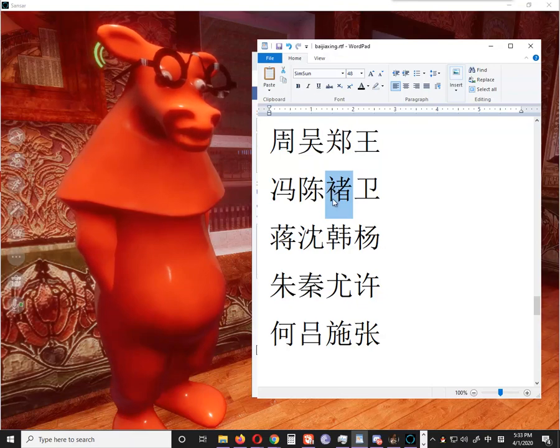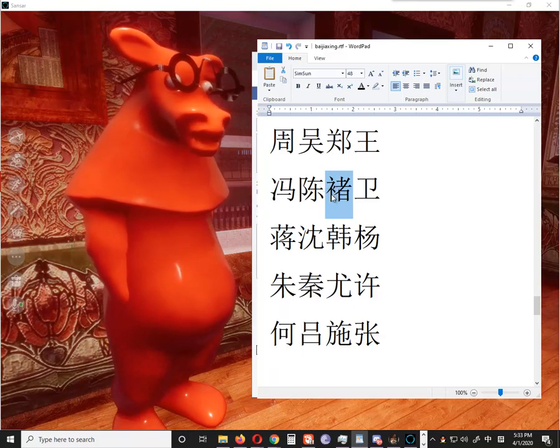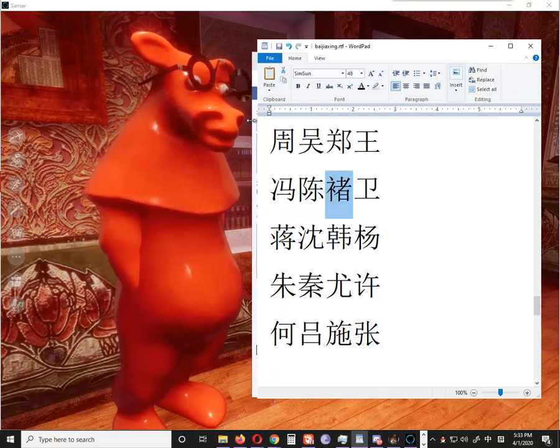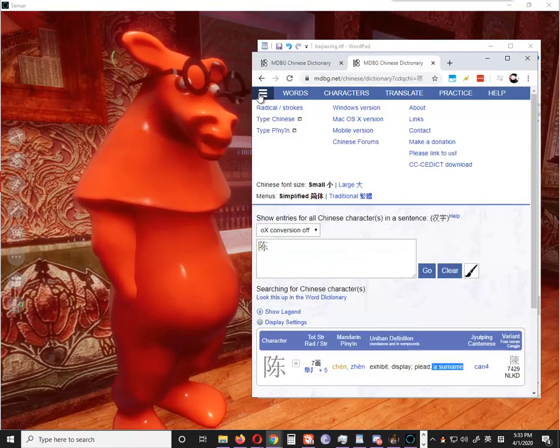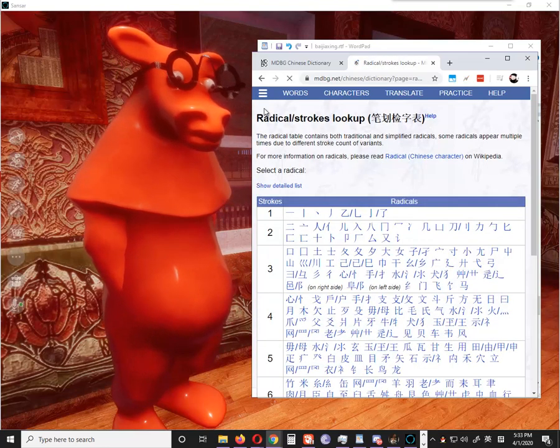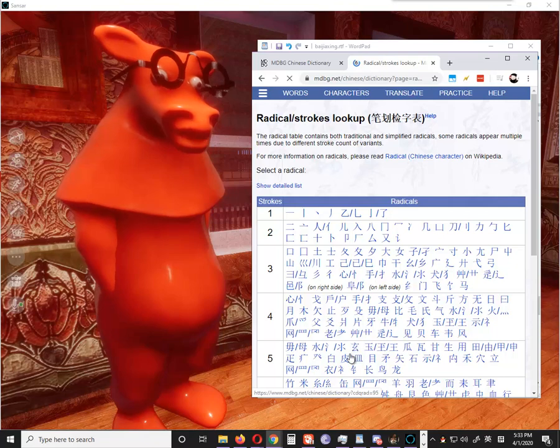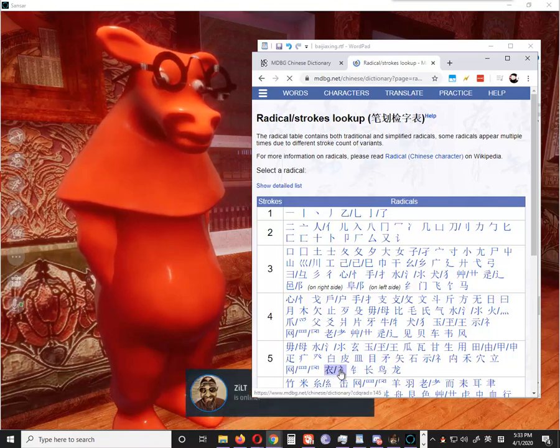And you see on the left side we have this radical here. How many strokes does it have? 1, 2, 3, 4, 5. Okay, so we're going to go to the 5 category. Whoops, oh, there it is right there.